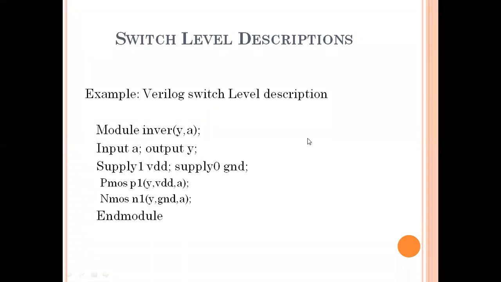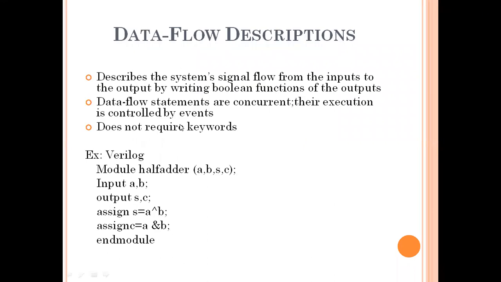These are all rarely used; the most commonly used are structural, behavioral, and data flow. Data flow description is again a simple level modeling style, but one limitation of that modeling style is that it is useful only for simple logic circuits. And you need to know the Boolean expression or the logic of that circuit, right?